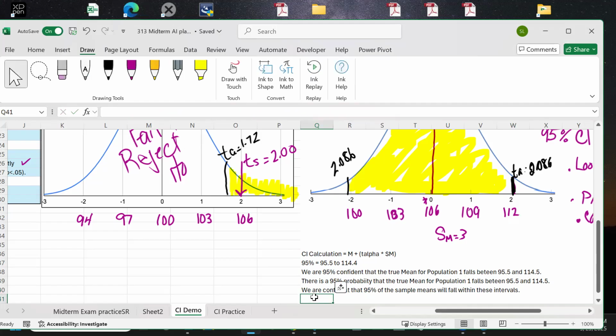And we want to make sure that when we state our confidence, we state that we're confident about the mean for population 1, that treatment population, not the null population. So this is all about the treatment population and what we believe to be true about it. So just keep that in mind. So this is just defining a level of confidence that we have about the true mean for our treatment population.